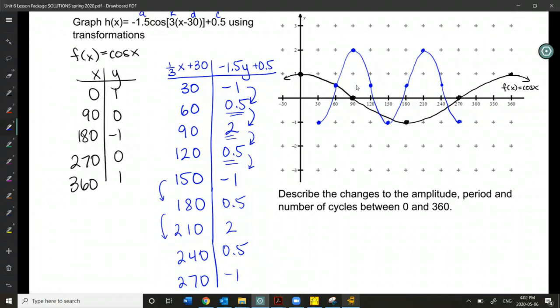So if I go over to the next point here, I'm just tracing along the first section of that cycle, or even this section of that cycle. So I know that my next point goes up to 0.5 here. Okay, and then tracing further, we go up to 2 from there. So you're going to go over that same number of units. This one just so happens to be every unit on the graph, and then up to 2.